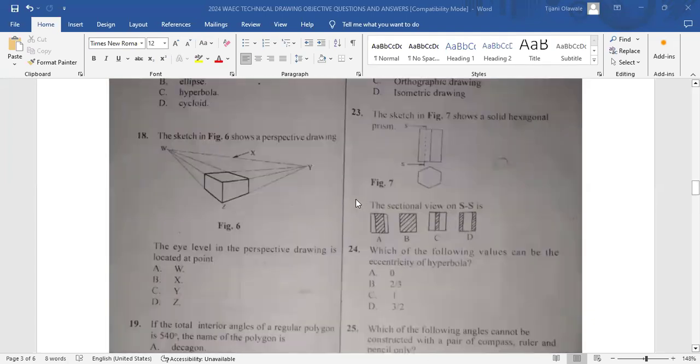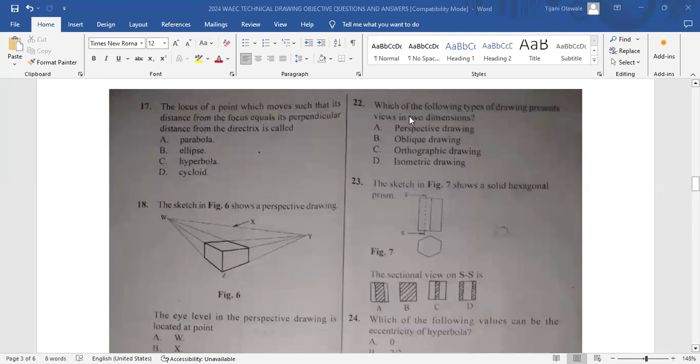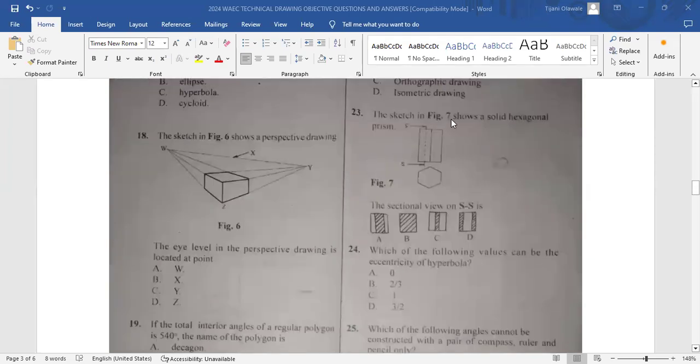Then question 22 says, which of the following types of drawing represents views in 2 dimensions? That is orthographic drawing, so option C is the answer. Then question 23 says that the sketch in figure 7 shows a solid hexagonal prism, and we are asked for the sectional view on SS.